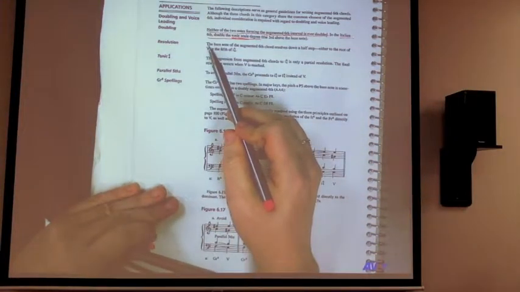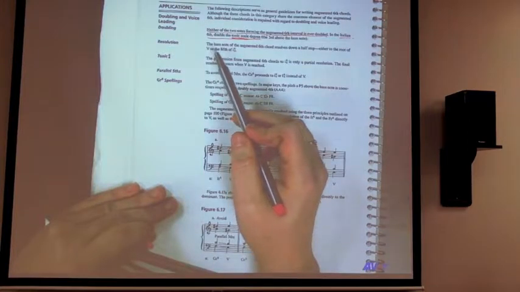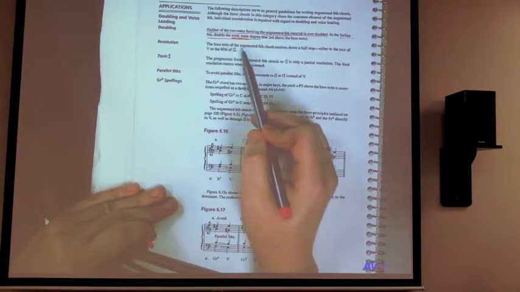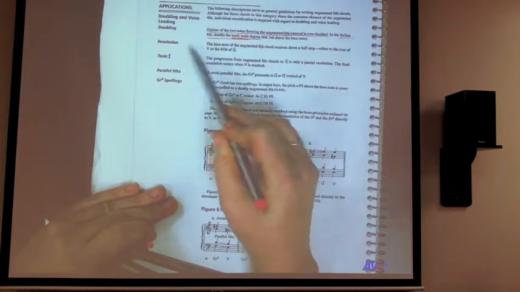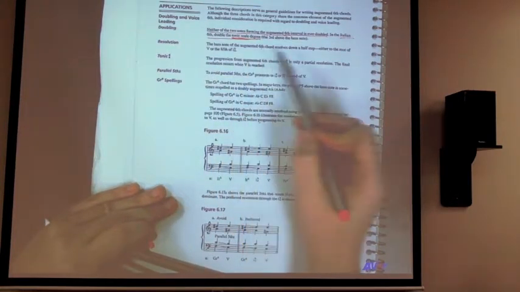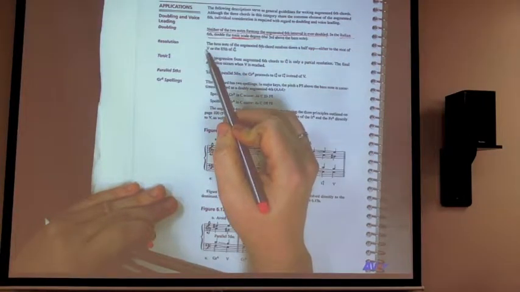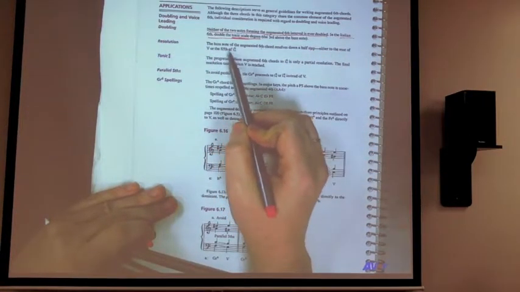All right, then the bass note. The bass note of the augmented sixth chord for resolution resolves down a half step, either to the root of the 5th or the 5th of the 1/6/4. Okay?